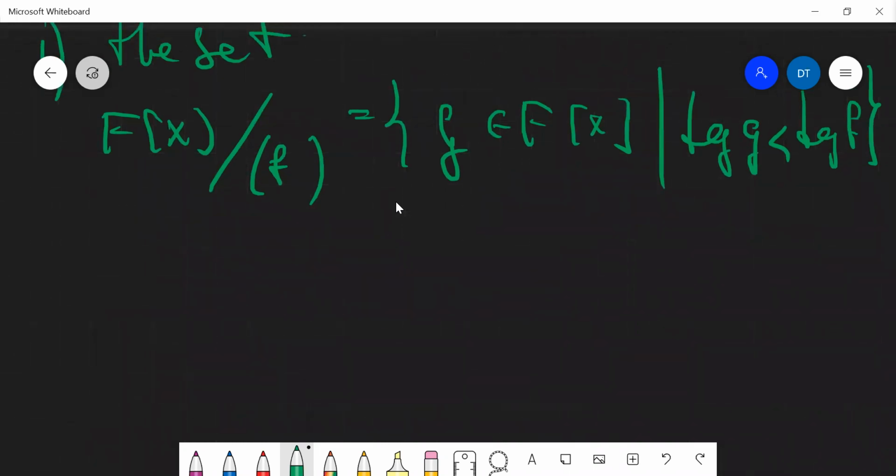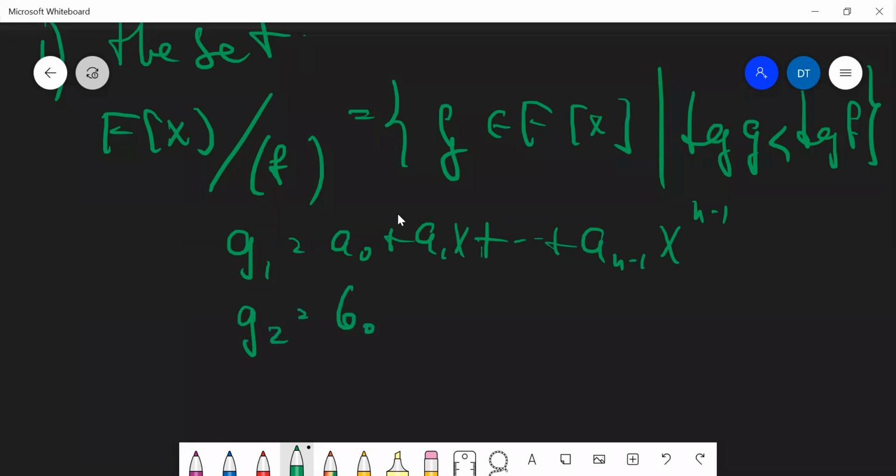So now I want to provide two operations here, an addition and a multiplication. If we have, let's say, g1, what is an element here? It's a polynomial of this form. If n is the degree of f, then an arbitrary element here is of this form, and g2 must be something like this.